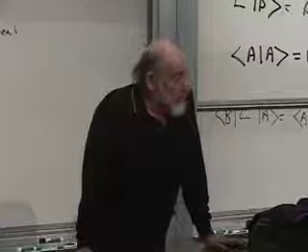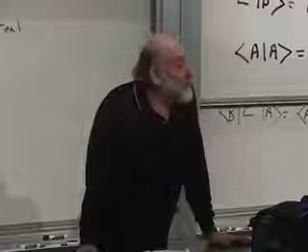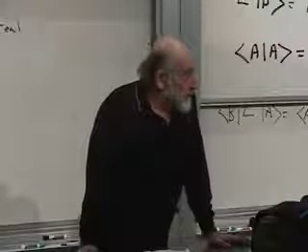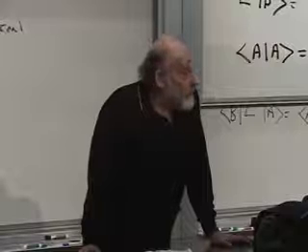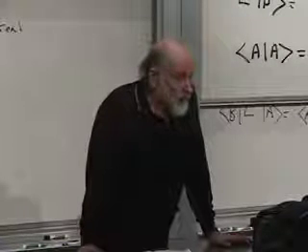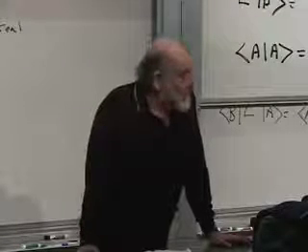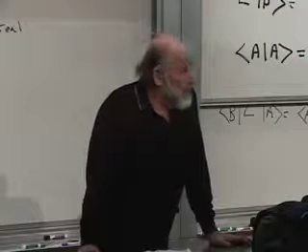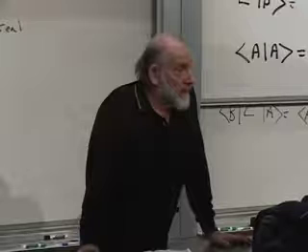Right. Now, you can have a complete set of eigenvectors which aren't orthogonal to each other. That can happen, and then the operator would not be Hermitian. Or it could fail to have a complete set of eigenvectors. I can envision an operator that doesn't span the vector space.